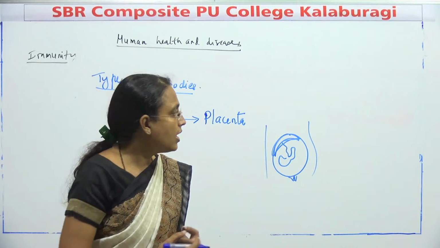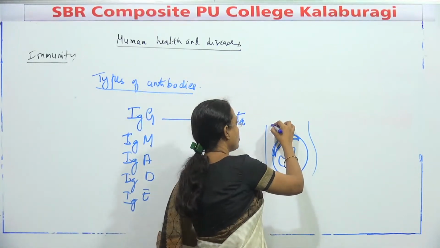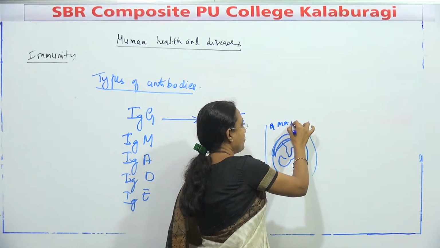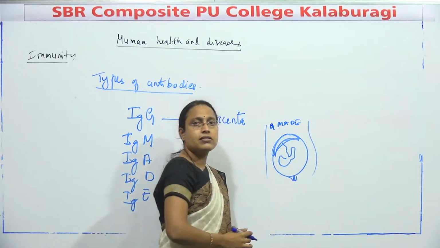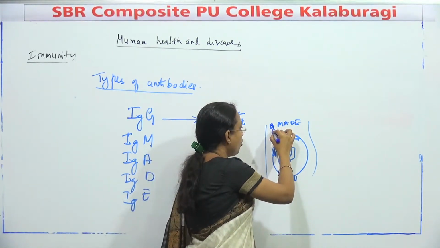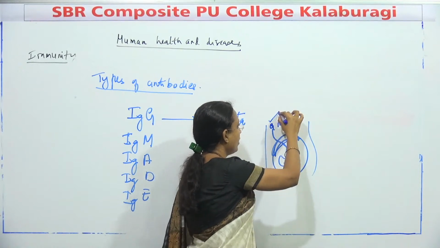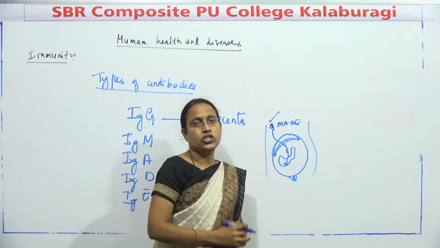How does it get it? The mother's body produces all the antibodies. Understand? Of these, the only one capable of passing the placenta and reaching the fetus is IgG.